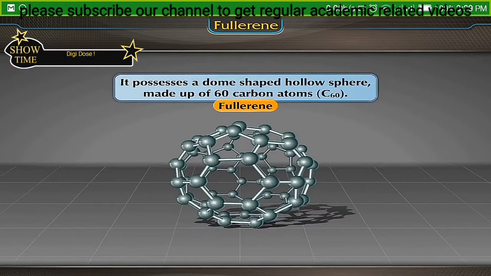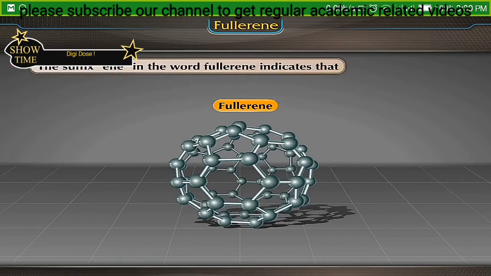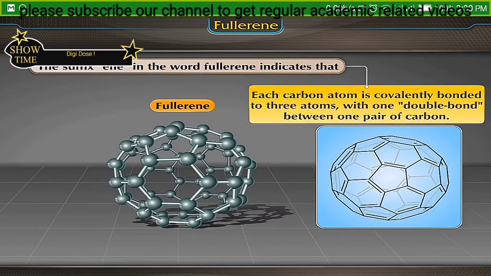It possesses a dome-shaped hollow sphere made up of 60 carbon atoms, C60. The suffix "-ene" in the word fullerene indicates that each carbon atom is covalently bonded to 3 atoms, with 1 double bond between 1 pair of carbon.